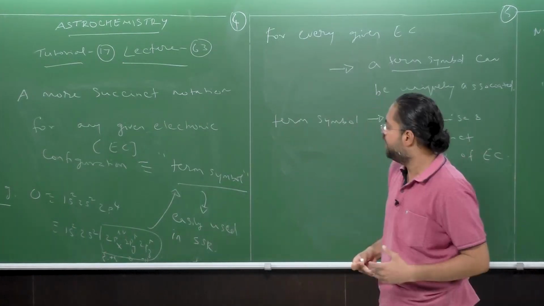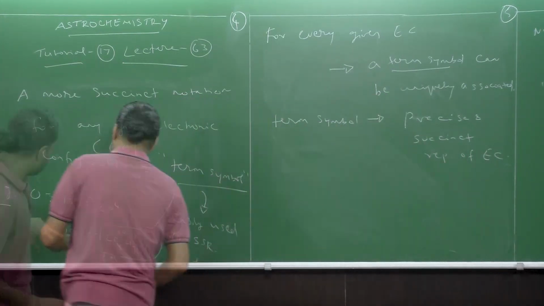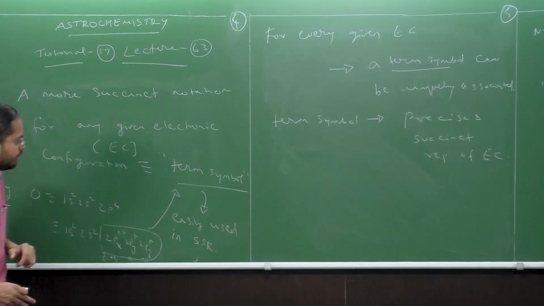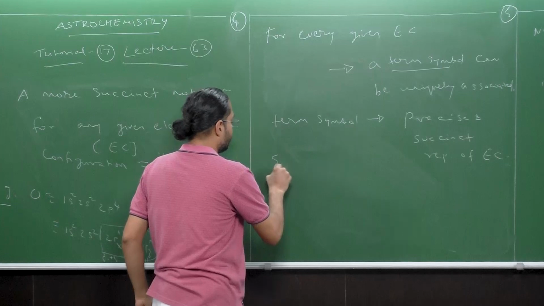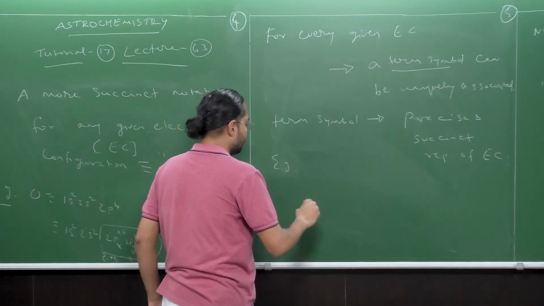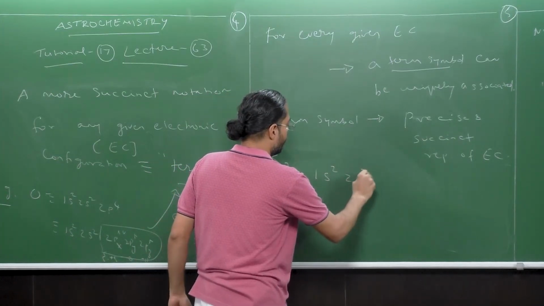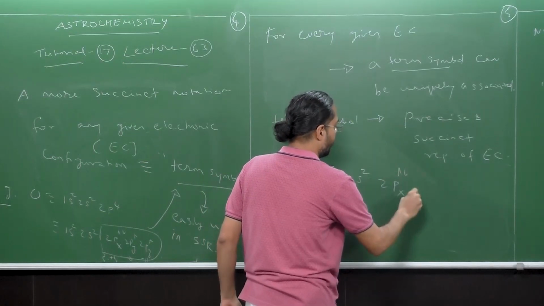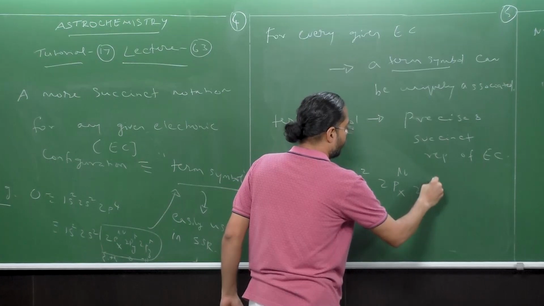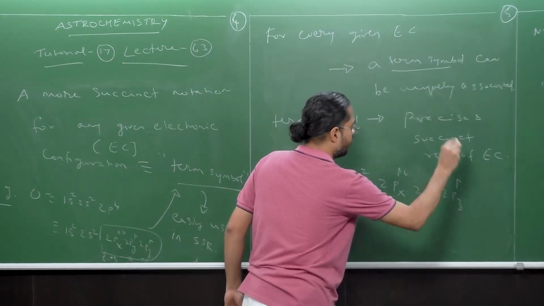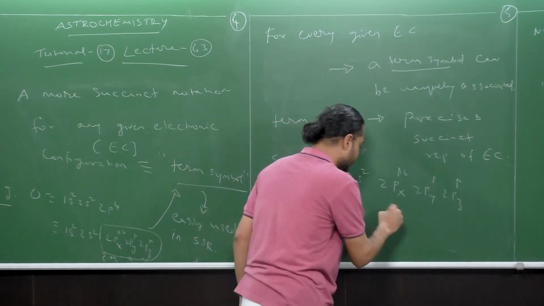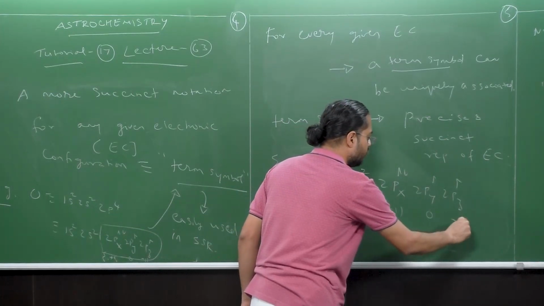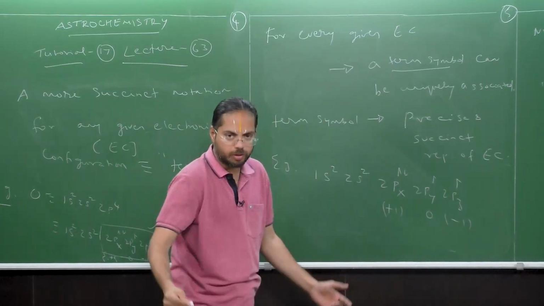For example, consider 1s2, 2s2, then 2px up and down, 2py up, 2pz up. Let's say this corresponds to m sub l equals +1, this corresponds to m sub l equals 0, and this corresponds to m sub l equals -1.